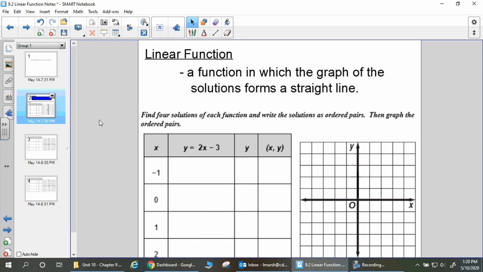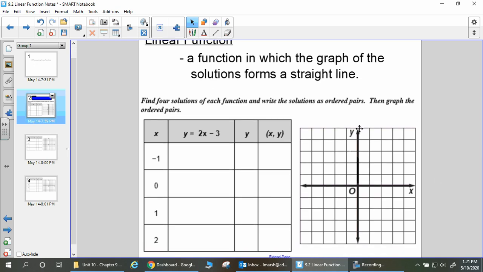So first thing I want to say is that I know that many of you don't have access to a printer and that you're just doing assignments on notebook paper, and that's fine. So when it comes to the assignments for this lesson, you can certainly set the table up on notebook paper. Do your best to create your graph. Okay, you don't need to have your graph look like what's on my screen with all of these boxes.